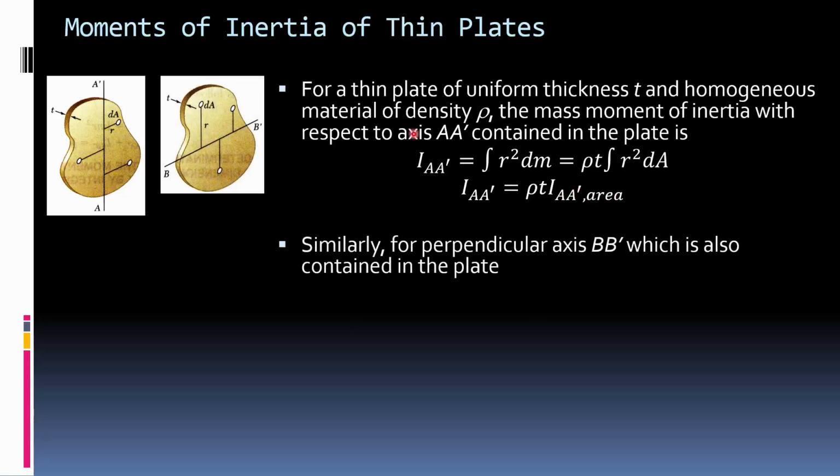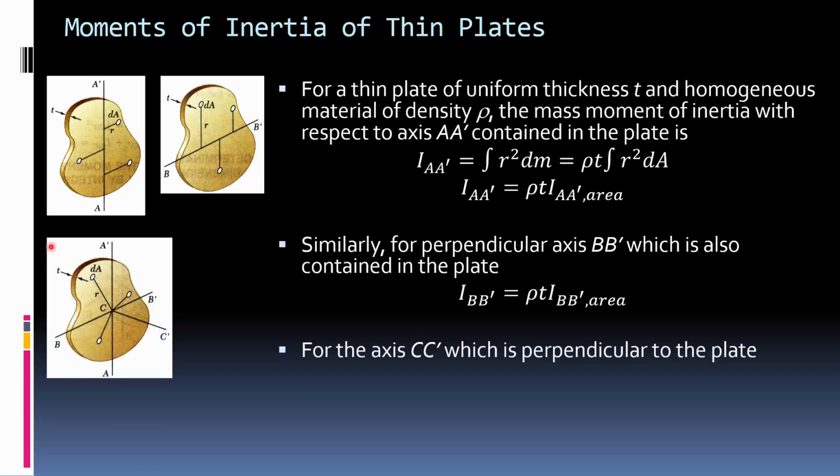Okay, now so we did this axis in this direction, now let's look at this axis in this direction. You're going to find that it's the same deal. But then when you consider, hey, what about the moment of inertia with respect to an axis that is perpendicular to this thin plate? Hopefully intuition says that might be a little bit different, and it actually is. And how is it going to be different? Well, now you're going to be using the polar moment of inertia, right?